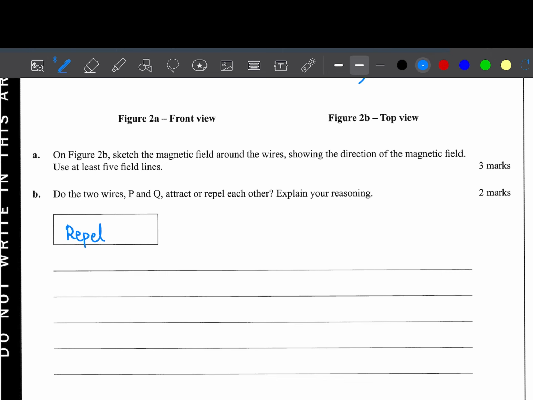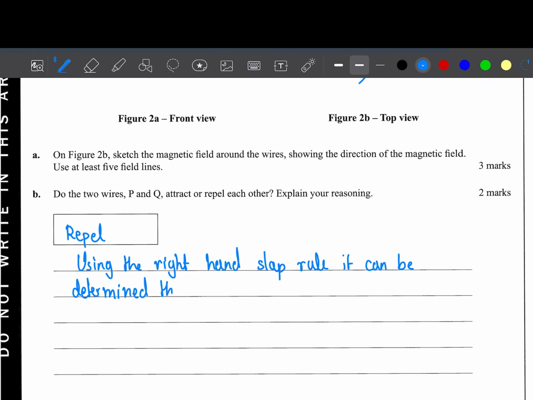And for explanation, using the right hand slap rule, it can be determined that P and Q repel each other.